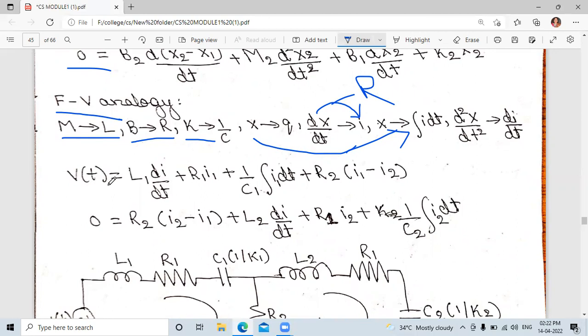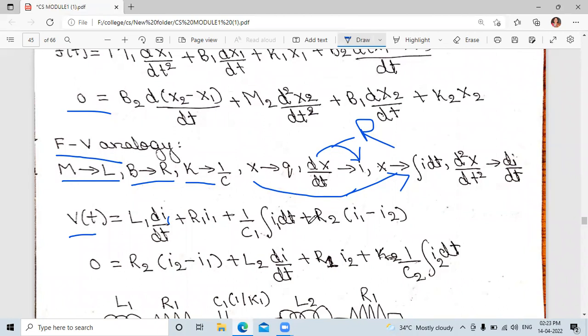F of t is replaced by v of t, because they have asked for the force-voltage analogy: force is replaced by voltage. So v of t equals L1 di1 by dt plus R1 i1 plus 1 by C1 integration of i1 dt plus R2 times (i1 minus i2).